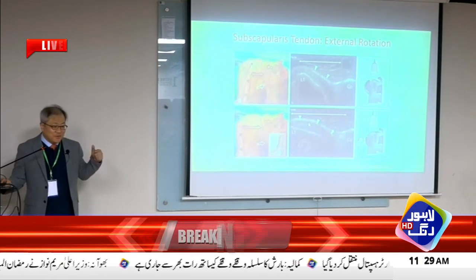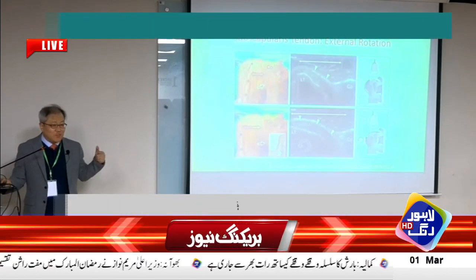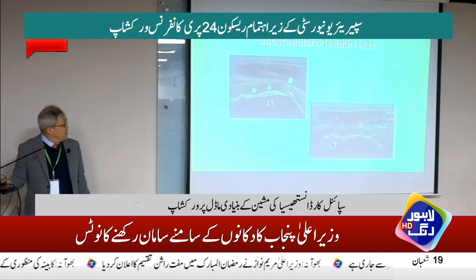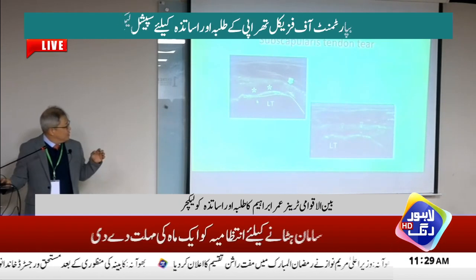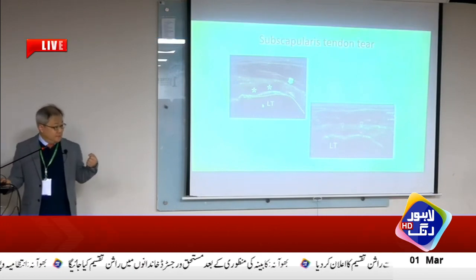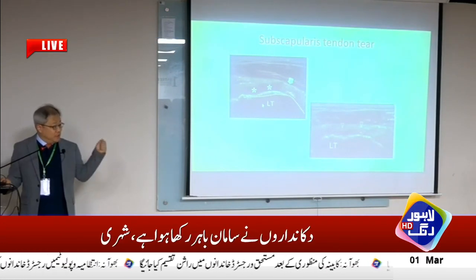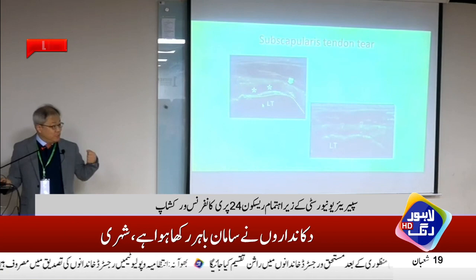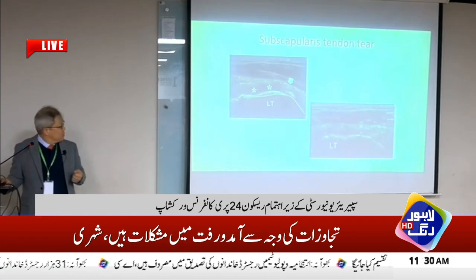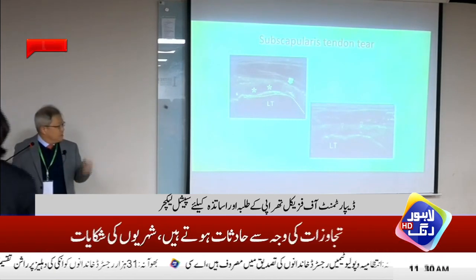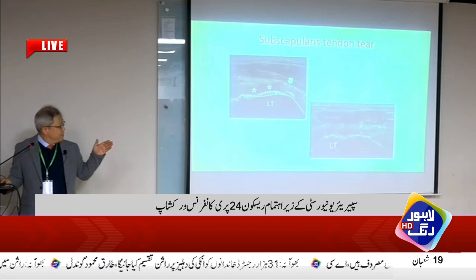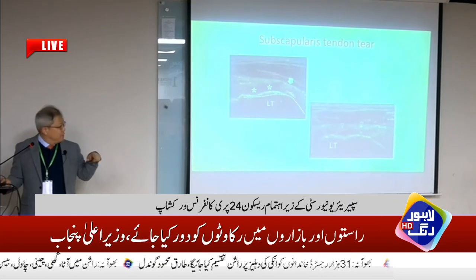Subscapularis is more clearly visible. And this view is a sagittal direction, sagittal subscapularis. So the left hand side is the upper one, the right side is the lower one.